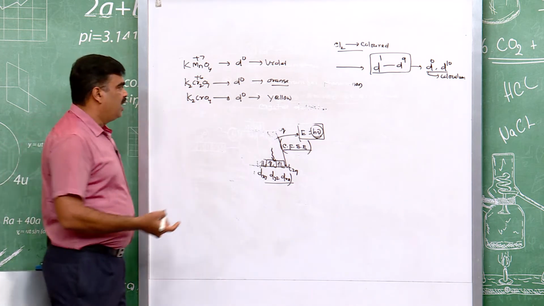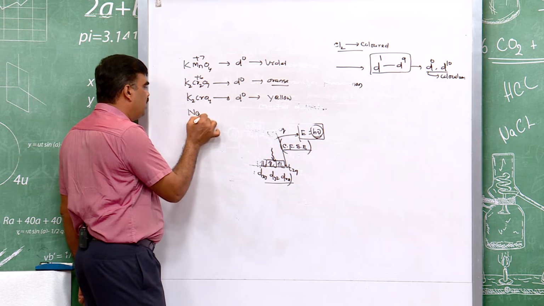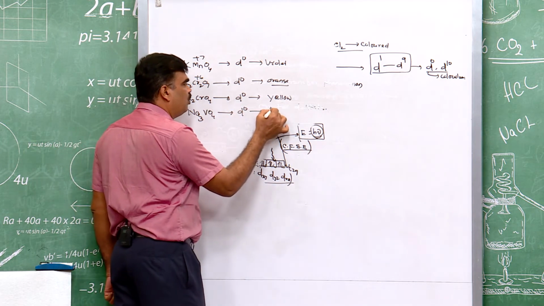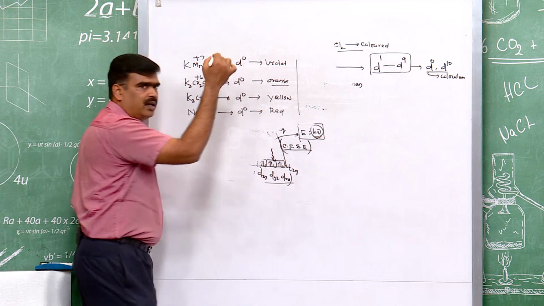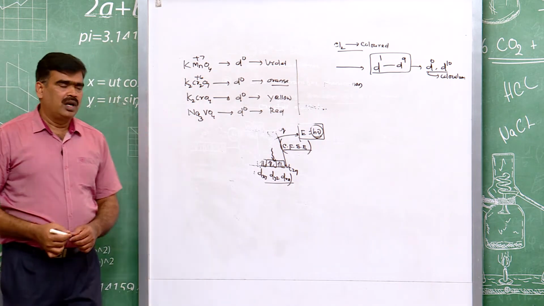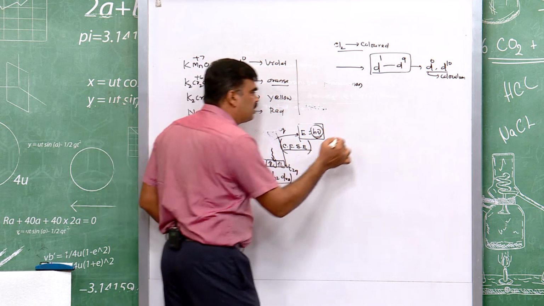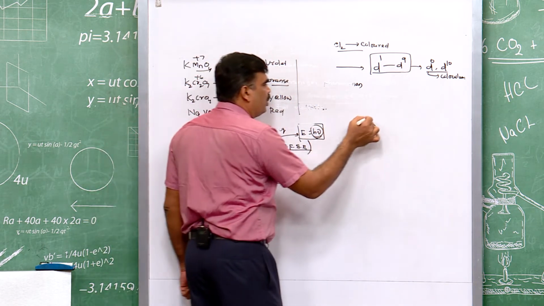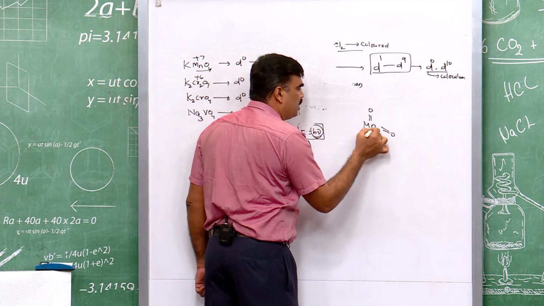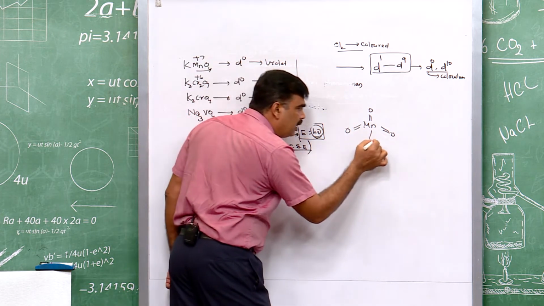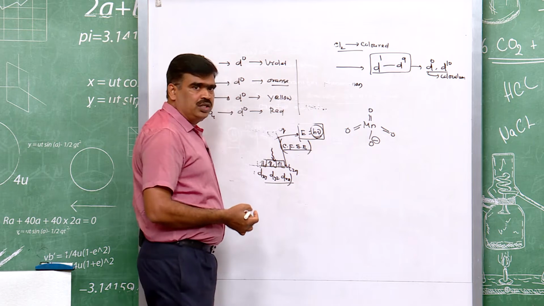What is the reason? Also sodium vanadate, Na3VO4, has a d0 configuration and looks red. Why? Because of a charge transfer phenomenon. How does that charge transfer phenomenon take place? Look into the permanganate, with O minus and double bond O. Here, two electrons are present on oxygen.